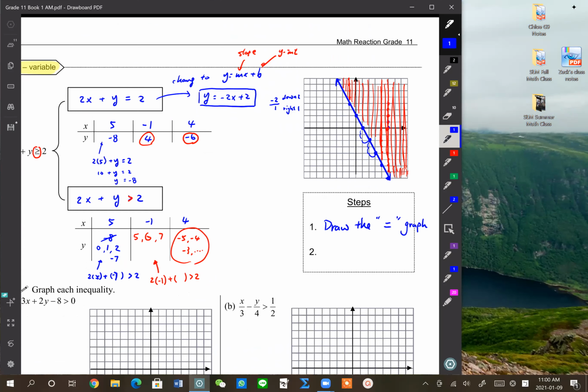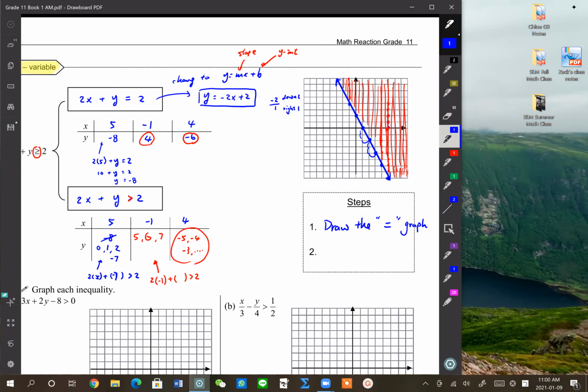Once you get the equal line, the blue line, Step 2, you need to figure out whether it's above or below. Because once you have the line, it divides the whole graph into 2 parts, either the part that's under or above.